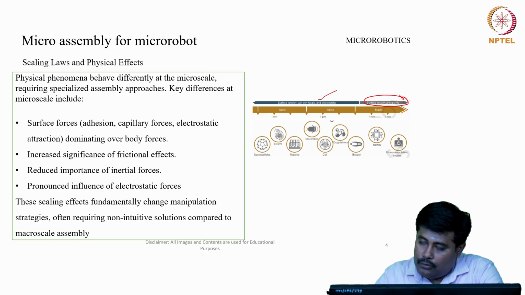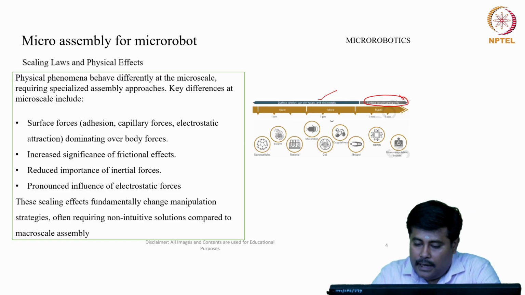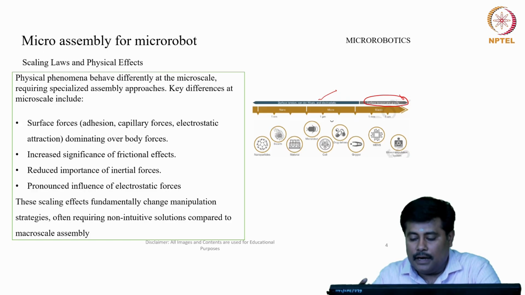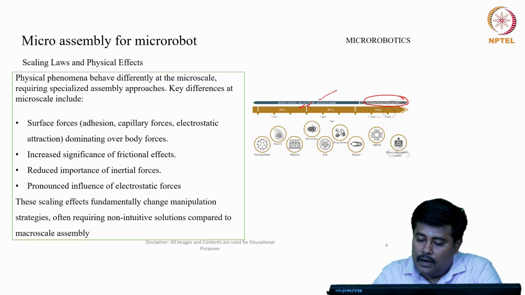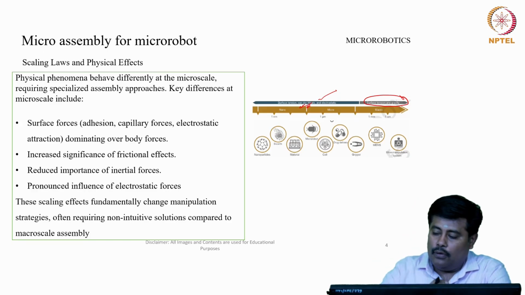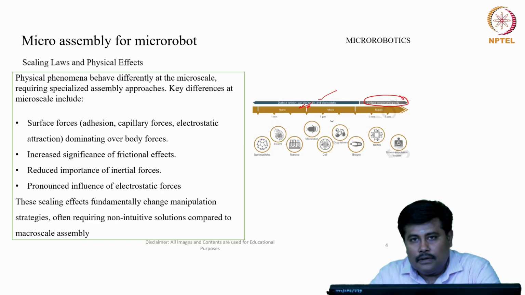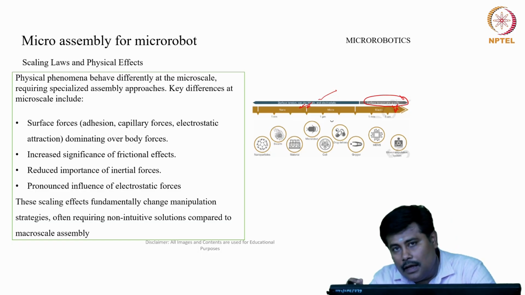Now, when we look into the overall scale of micro robotic applications, under nano, micro and macro levels, the surface tension, van der Waals forces and electrostatic forces participate in the nano and micro range. However, surface tension and gravity participate along the macro range.